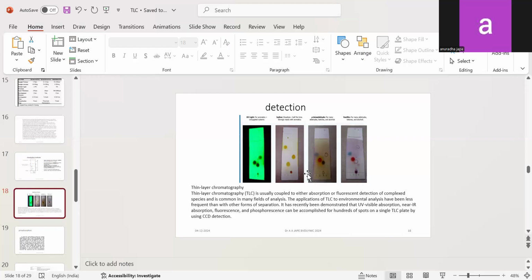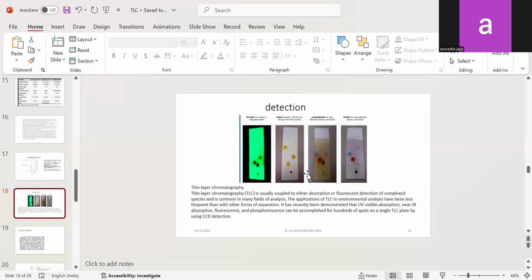Of course, if the compounds in the sample are radio labeled, then this plate can be taken for autoradiography also, where it will detect the spots as dark areas on the X-ray film, or in advanced cases you can have a radio chromatograph scanner also. So it will scan the plate and give you the peaks, and the chromatogram will be presented.